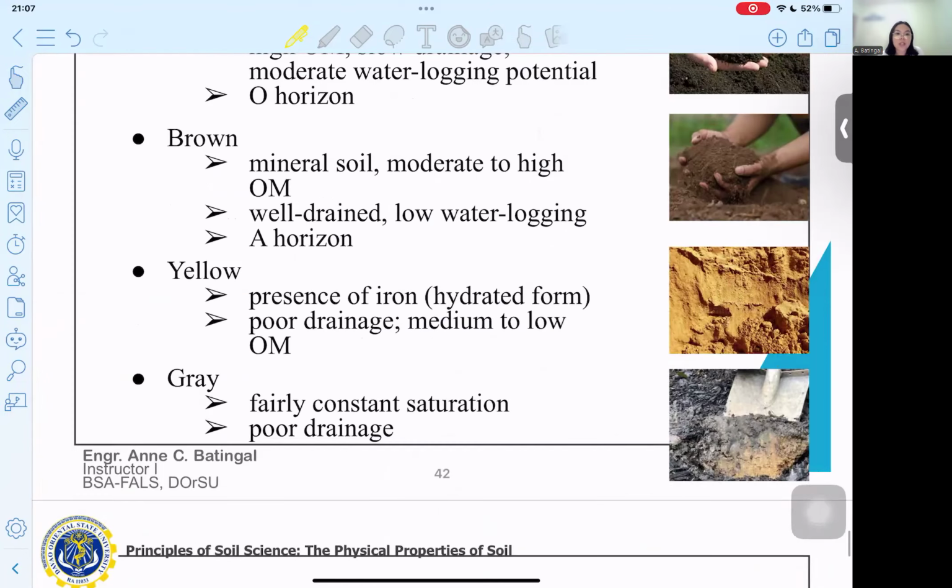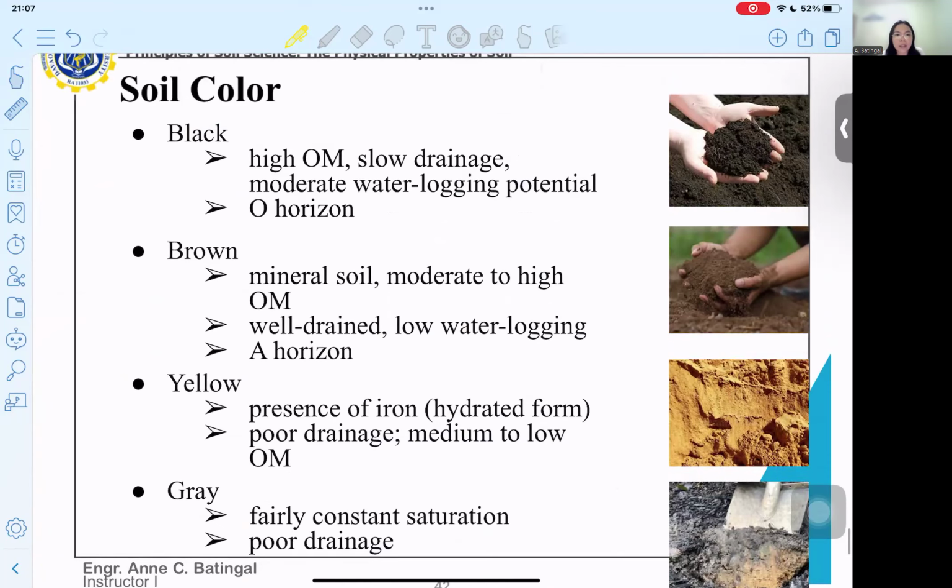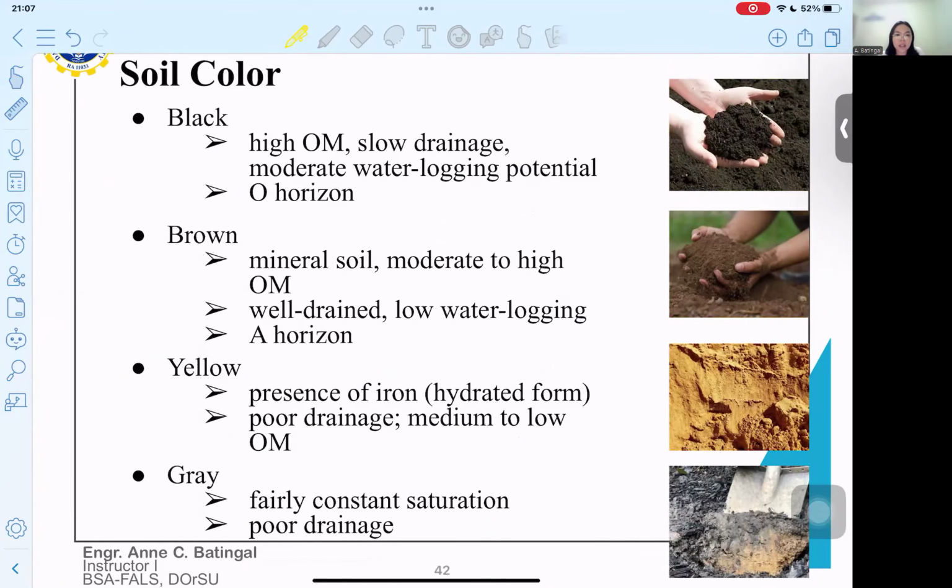Now, black soils typically contain high organic matter, usually found in your O horizons. So, it is characterized with slow drainage, with moderate waterlogging potential. Again, it is common in O horizons, so common in forest tops or peatlands.